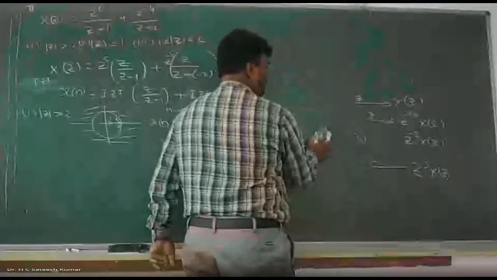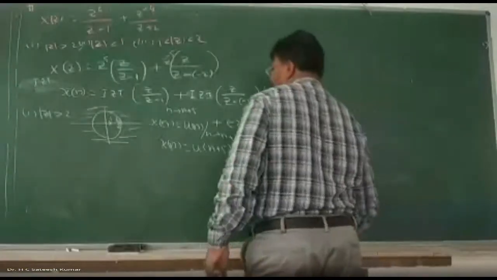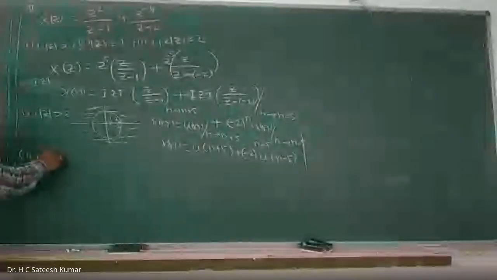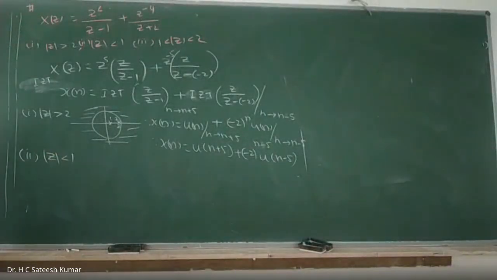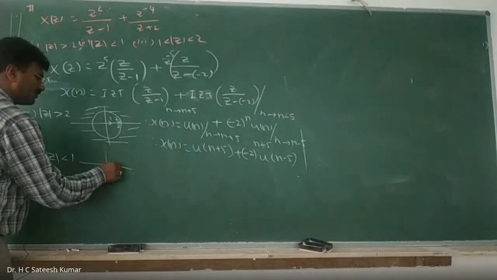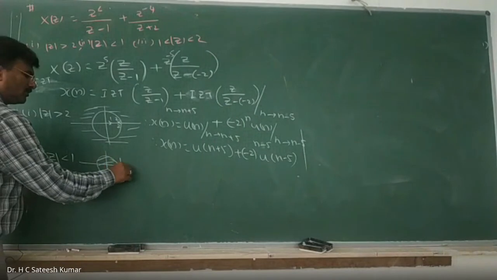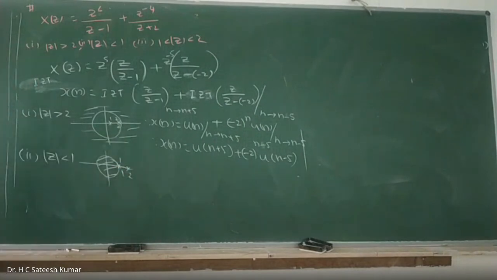Similarly, what is the inverse Z transformation for mod Z less than 1? Sketch the ROC. Where are the poles? 1 and 2. Both poles are outside, so it is a left-handed sequence.